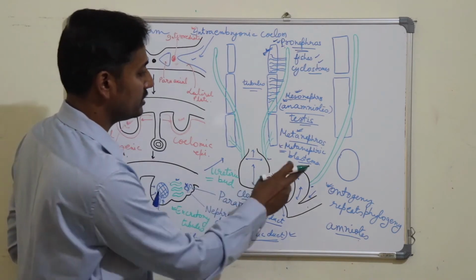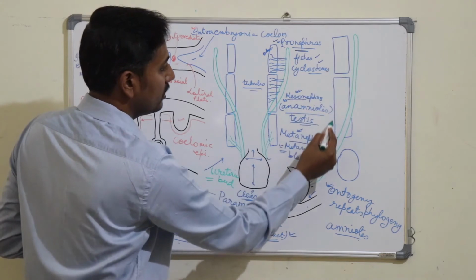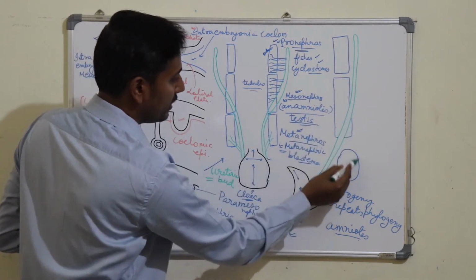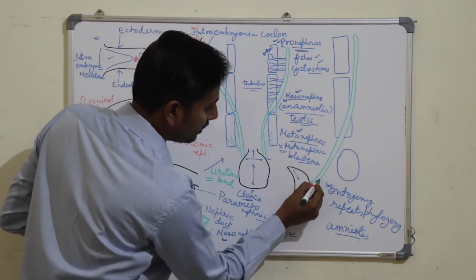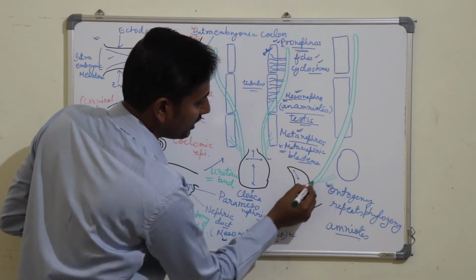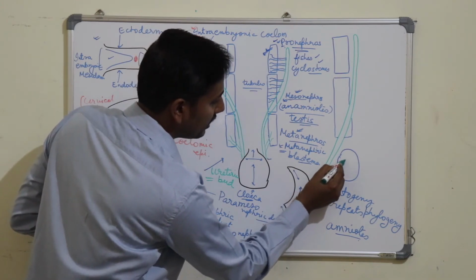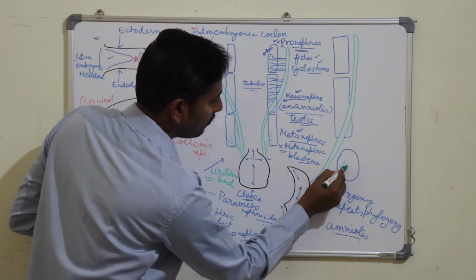So here also we can see that this is the pronephros, this is the mesonephros, and this is the metanephros. The ureteric bud grows from the mesonephric duct towards the metanephros and grows cranially, entering into the metanephros.